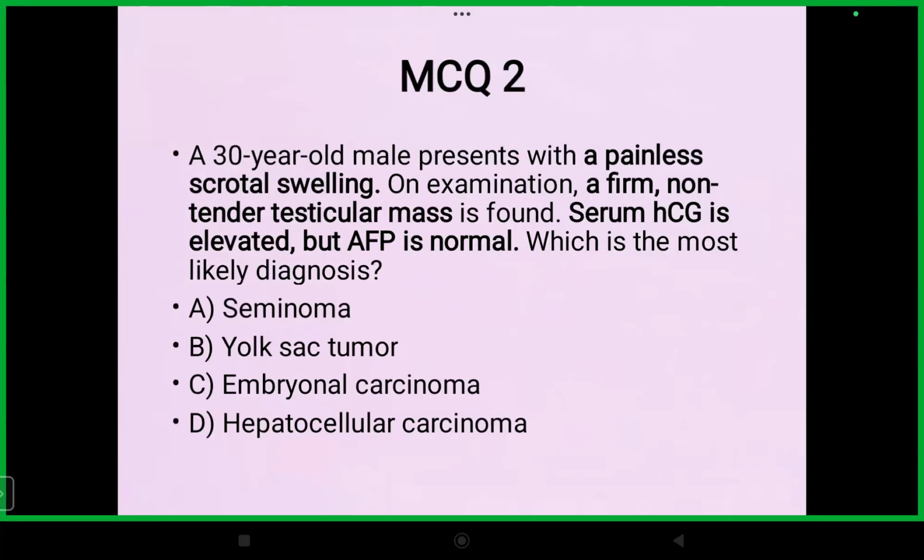Hepatocellular carcinoma is definitely out of the picture because AFP is normal here. It is usually seen elevated in HCC. And similarly, in yolk sac tumor, AFP can be elevated. Okay? And from the presentation, it's a painless swelling. So it's more likely a seminoma.